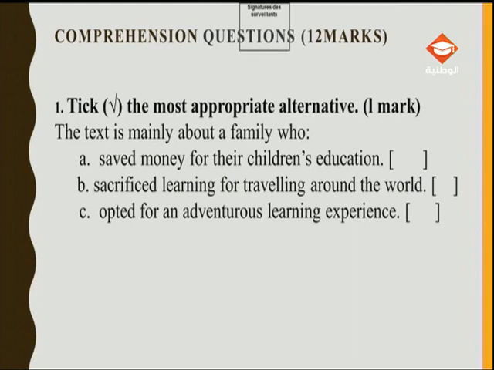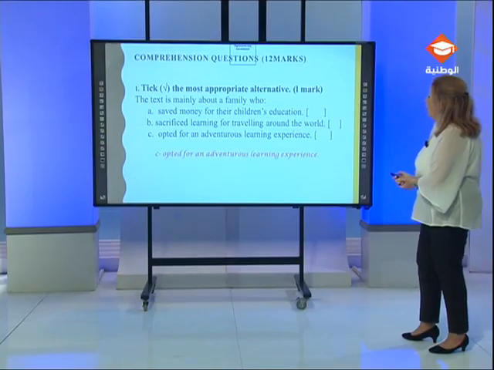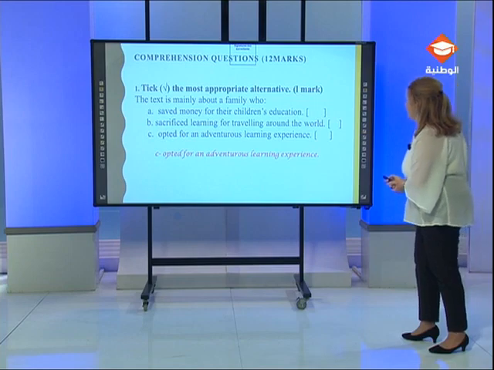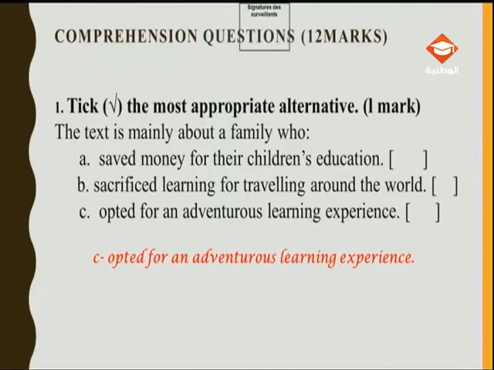And there is usually an option that is 100% irrelevant. So for this text, the correct answer was opted for an adventurous learning experience. But here, of course, you have to tick the answer. Don't forget to tick your answer. Okay, it's the third option.